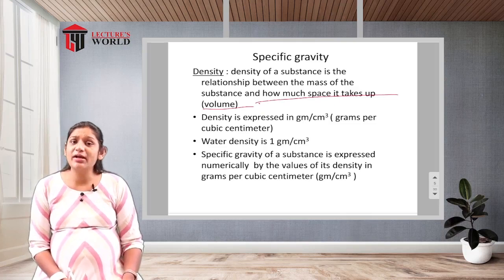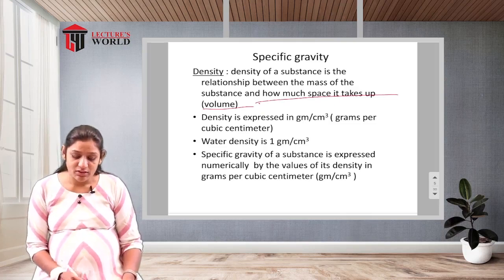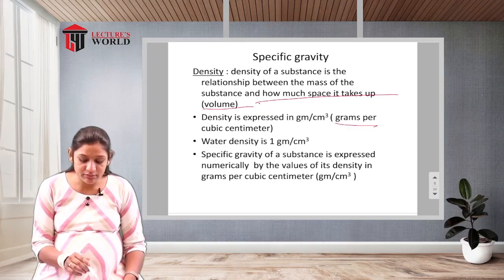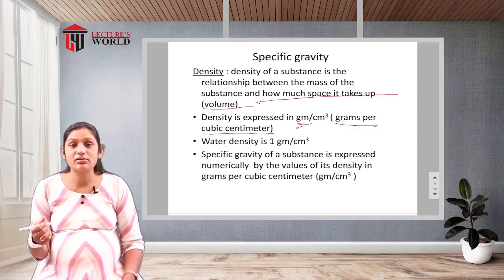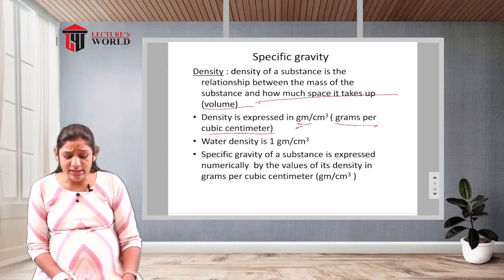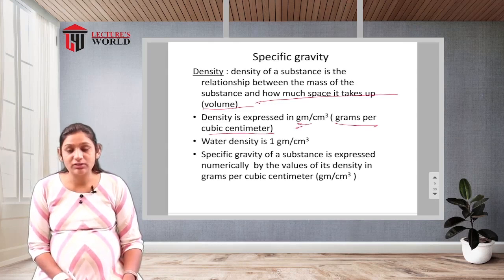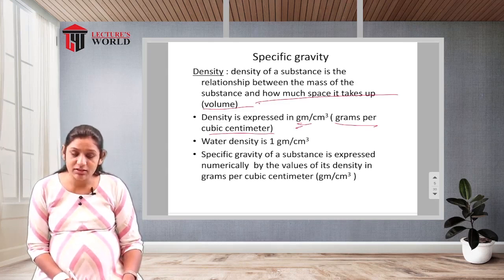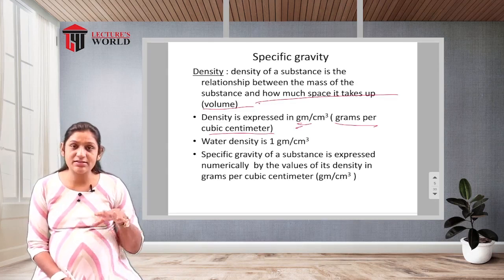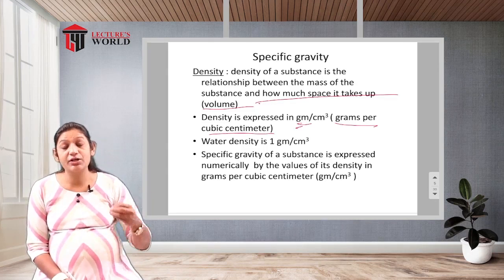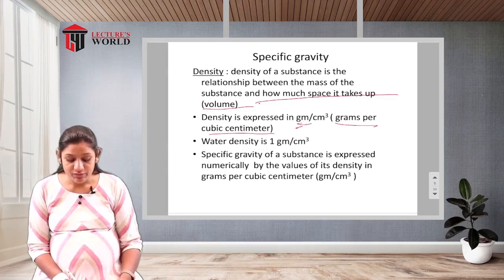This is the unit name, gram per cubic centimeter. Water density is 1 gram per cubic centimeter.